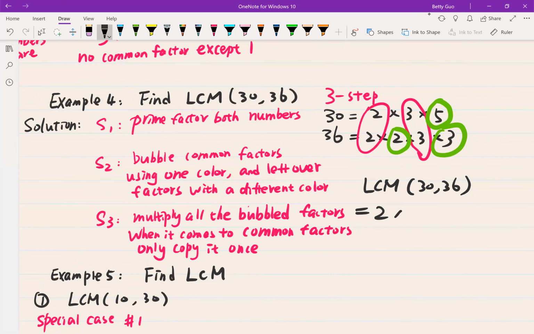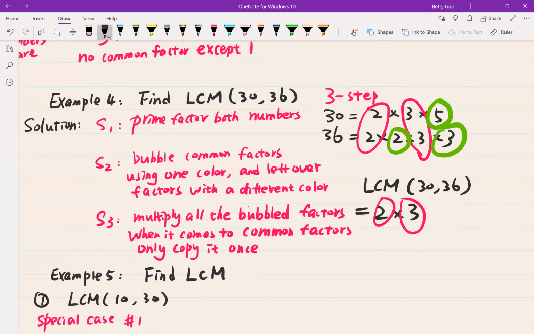You have 2, you have 3. Those are common, right? We do have 2 2s in the first bubble in red, and 2 3s in the second bubble in red, but we only copy them once, 2 and 3 here. And we also have the 3 green bubbles.